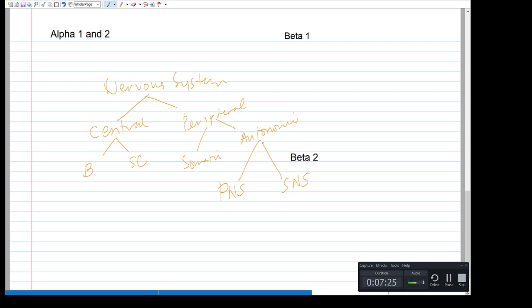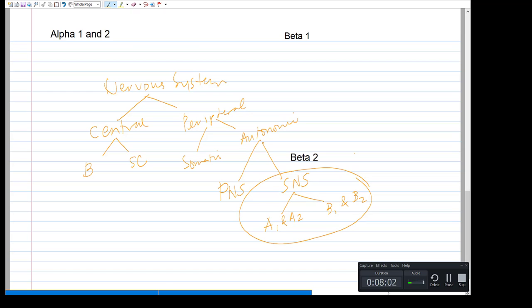In the sympathetic nervous system, this is where alpha 1 and alpha 2, and beta 1 and beta 2 came from. So as you can see, it is SNS, right? Now, where exactly are alpha 1 and alpha 2 located? Alpha 1 and alpha 2 are differentiated by their location in relation to the nerves.